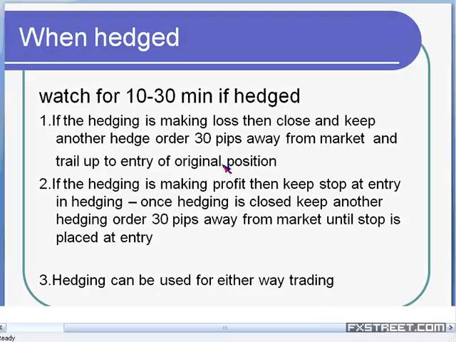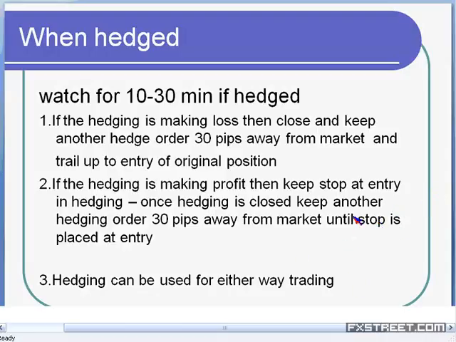But if you use the hedging, and you are able to get convinced that hedging is really a money management tool, then keep a hedging order 30 pips away from the market. And if the market shows a profit and loss, or continues to show loss for 30 minutes, then try to keep stop at entry in the hedging, or close the hedging with 1 or 2 pips loss or with a profit, and keep another hedging order 30 pips below.